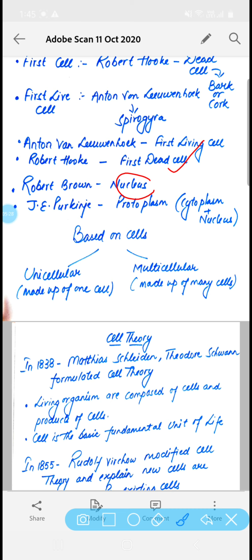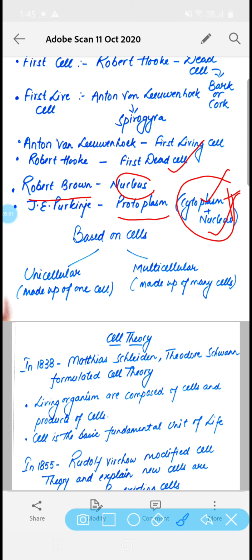Now the other parts, like the nucleus, is an important part of the cell. It is the controlling unit of the cell. It was discovered by Robert Brown. Next is protoplasm. Protoplasm is also called the living fluid of the cell. Protoplasm includes two things, cytoplasm plus nucleus.